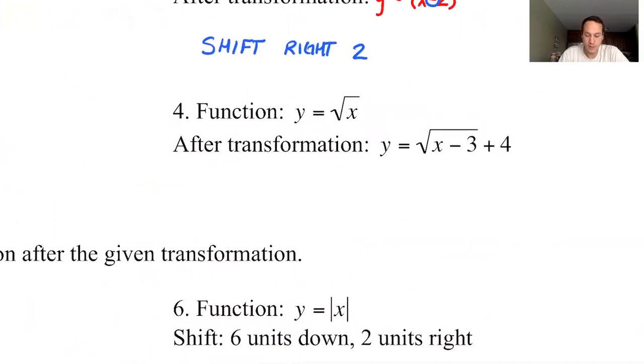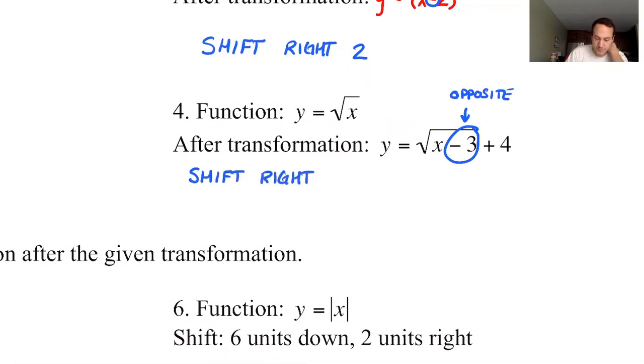I have y equals a square root of x. I've got something on the inside. That one's going to be the opposite. That will be a shift. So let's see here, it's -3. That's going to be shifting right 3 units. Okay, so the inside of those, that's going to be the opposite.